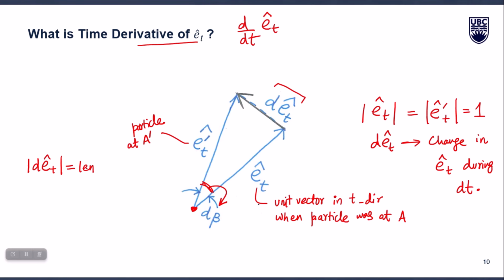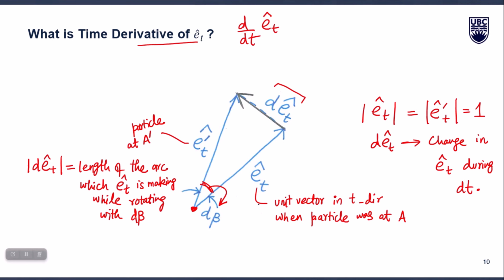So it is the length of the arc which the E sub t vector is making while rotating with angle d beta, and that should be equal to the length of E sub t multiplied by the angle, right, L is equal to r theta.